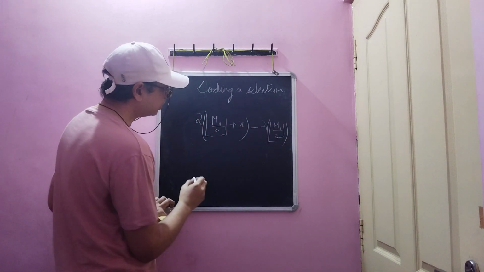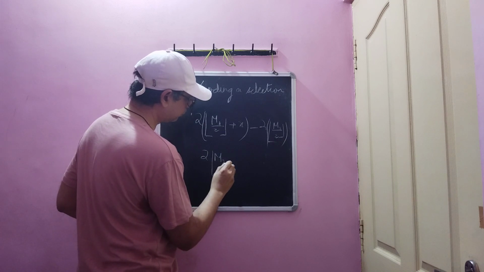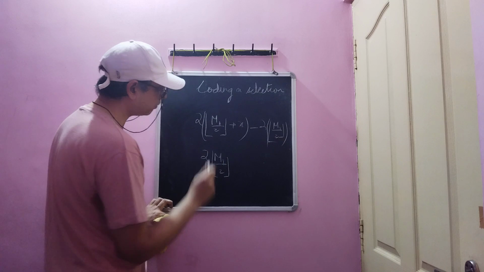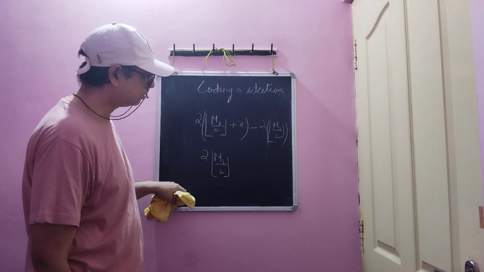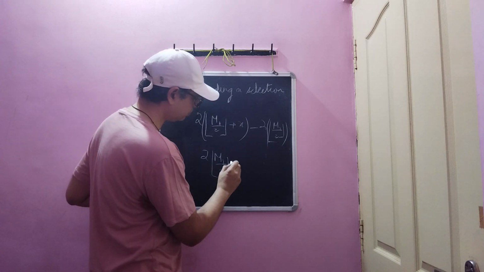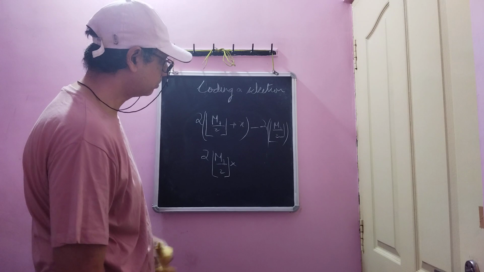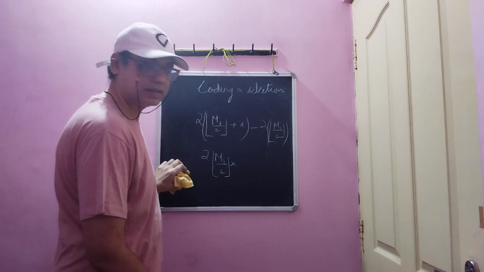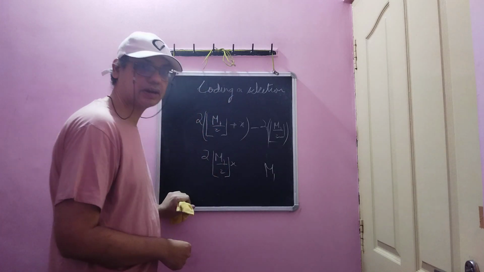So in general, if n0 is greater than 2 times floor of m1 by 2, then 2 times floor of m1 by 2 can be subtracted from n0. In other words, up to m1 can be subtracted from n0.